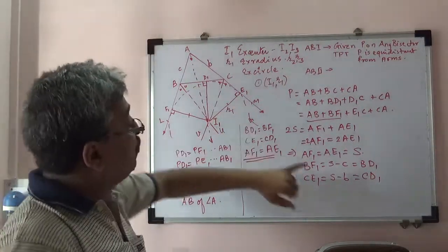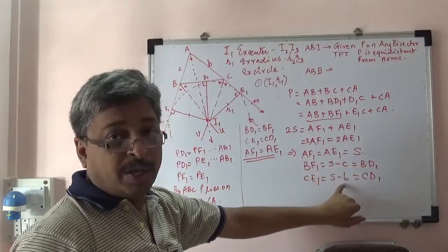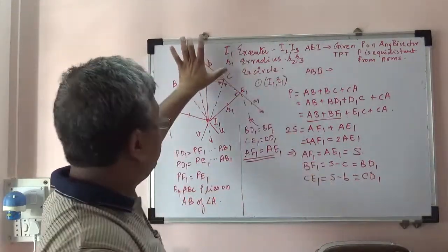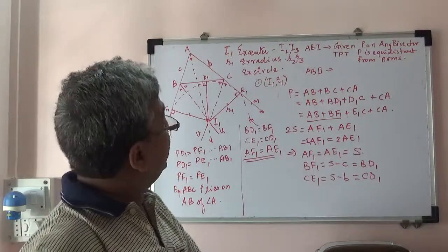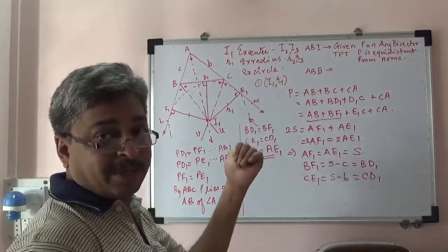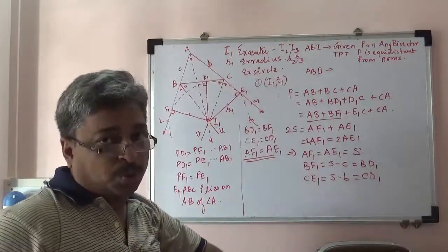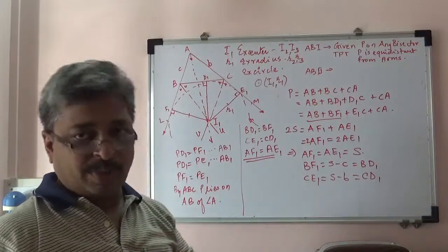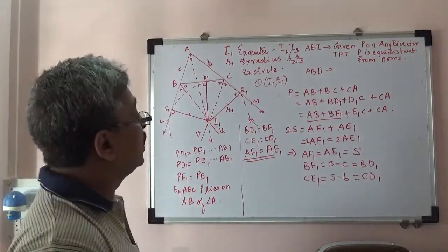If it is opposite of A, then I have S minus C and S minus B, and S minus A is missing. If it is opposite of B, the lengths will be S minus A, S minus C and small s, and S minus B will be missing. And if we do the same work opposite to C, then we have S minus A, S minus B and small s, and S minus C will be missing.